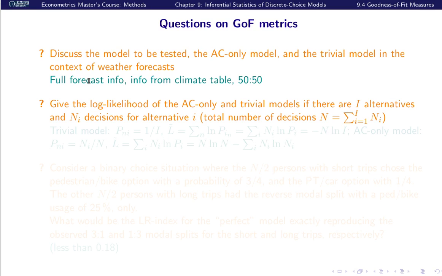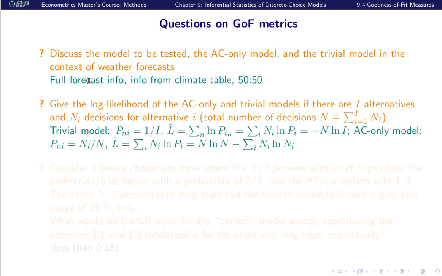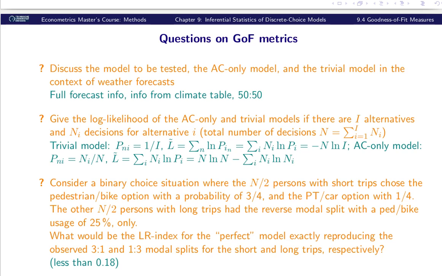And here are some calculations which you can do at home. As always, I give these lecture notes also in terms of a PDF, so you can just check. I also gave the answers. The answers are always in blue and the questions in orange. And here I have particularly an example that a model which perfectly predicts 3.1 and 1-3 preferences in certain decision situations still only has an R-squared value of 0.18, and although this looks very low, it's not so bad.